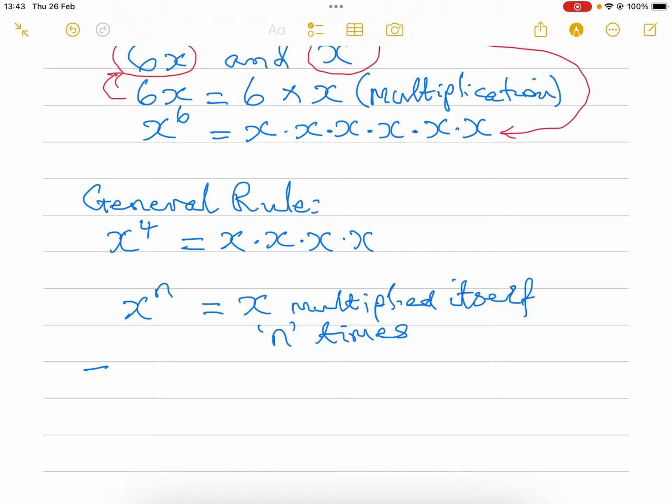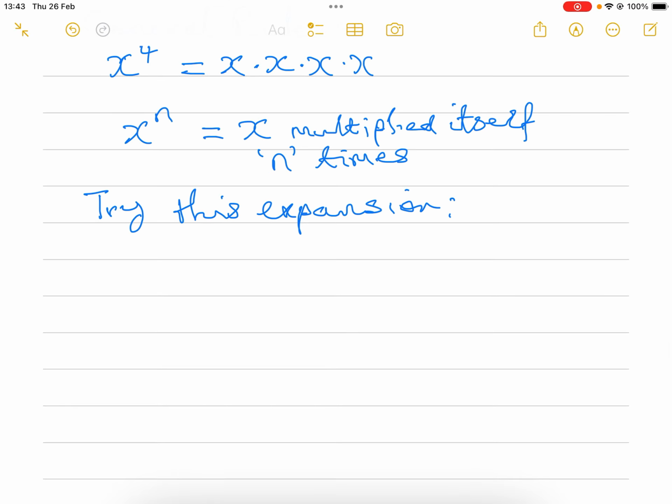Now, can you just pause the video and try this expansion. Number 1, y raised to power 3. Number 2, a raised to power 5. Try expanding that.